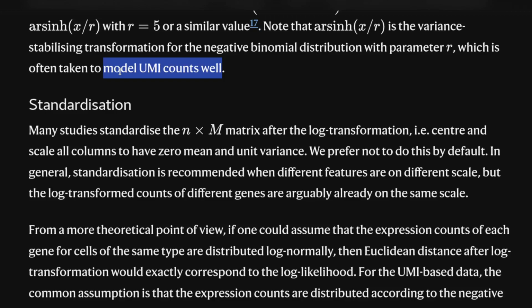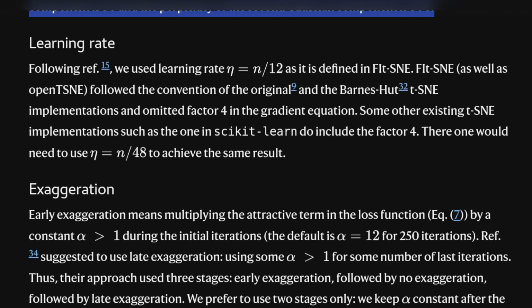Exaggeration. Early exaggeration means multiplying the attractive term in the loss function, EQ7, by a constant during the initial iterations, the default is for 250 iterations. Ref 34 suggested to use late exaggeration, using sum, for some number of last iterations. Thus, their approach used 3 stages: early exaggeration, followed by no exaggeration, followed by late exaggeration.